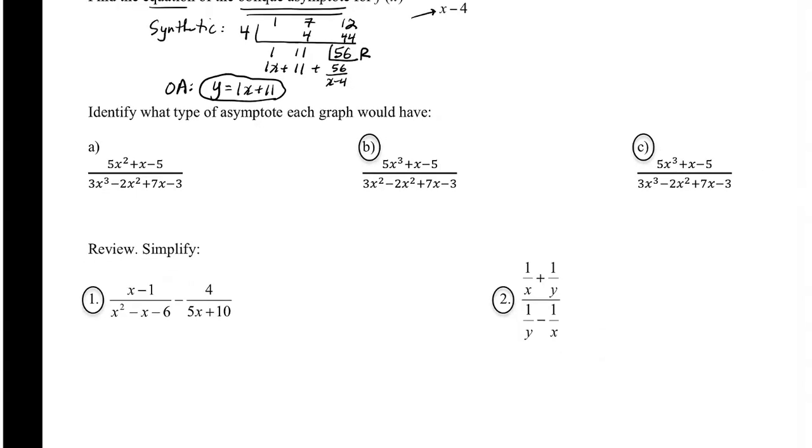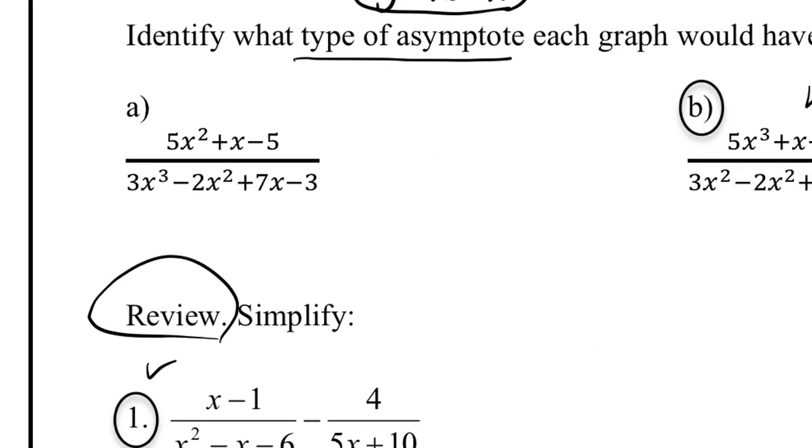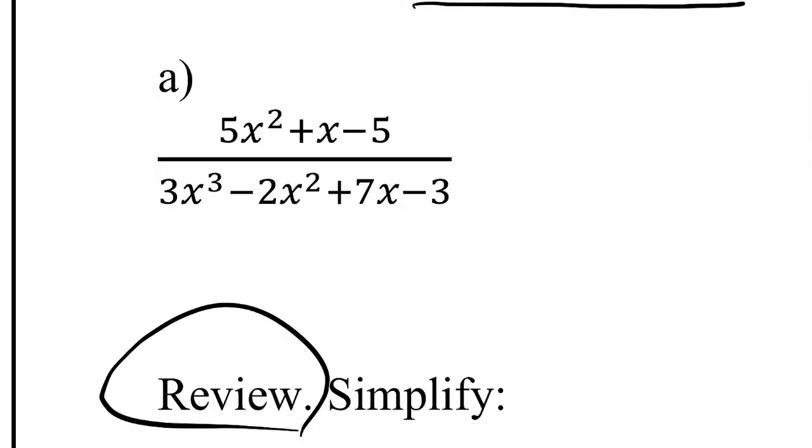So I have a couple examples here, B and C, you'll be identifying on Schoology, and then 2 review questions, number 1 and number 2, just to make sure you don't forget how to divide and subtract rational expressions. But let's look at the first one as an example. What type of asymptote would each graph have? We would look for the highest degree in the numerator, so that's a 2, highest exponent, and then the highest degree in the denominator, that's a 3.